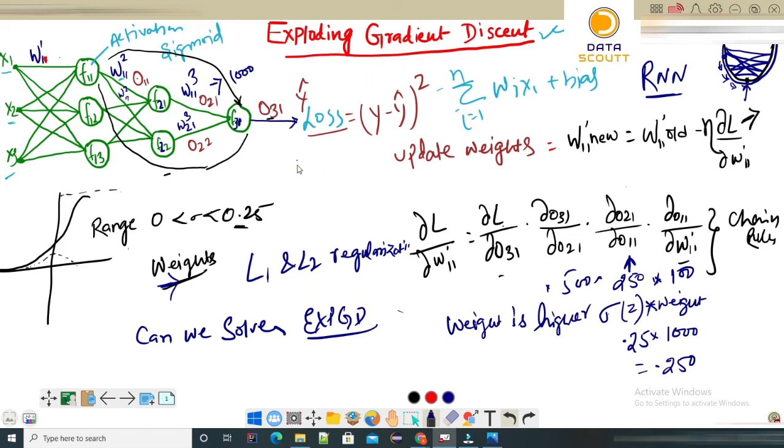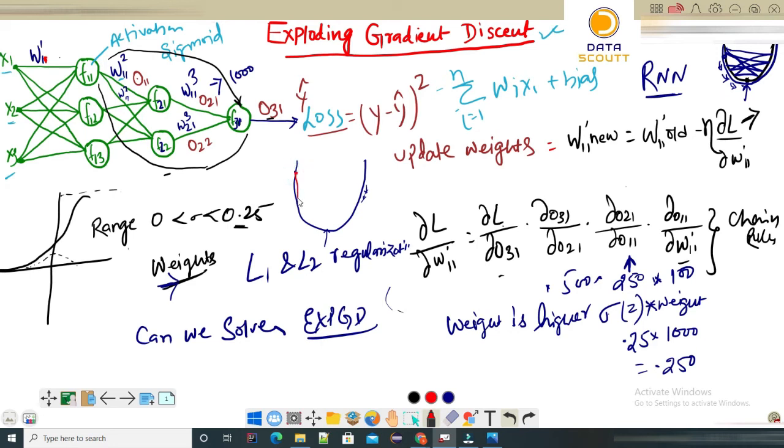We have to always keep in mind, in vanishing gradient the values will be very much smaller, so much smaller that it will not be able to find this local minima. It will be lost somewhere here. But in the exploding gradient descent problem, the values will be so high that it will never converge.